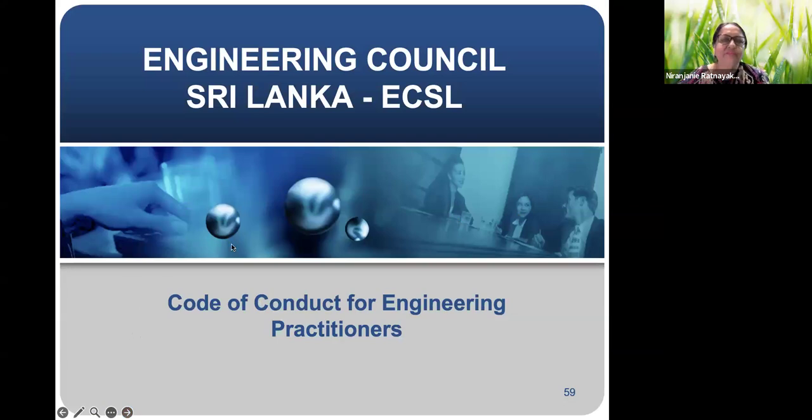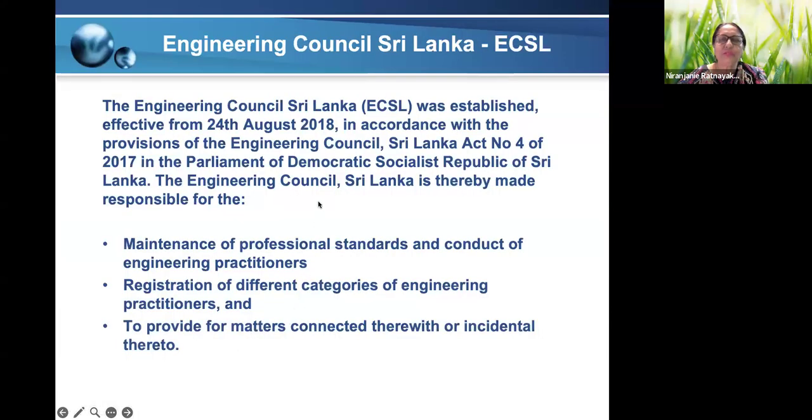And as you all must be aware, we have to register in the Engineering Council Sri Lanka to practice engineering, right? Whether you like it or not, now that's a requirement. It's a legal requirement that Engineering Council Sri Lanka was formed in 2018.